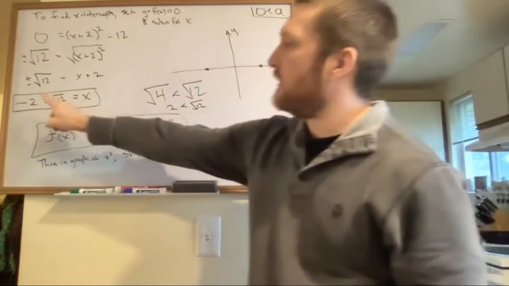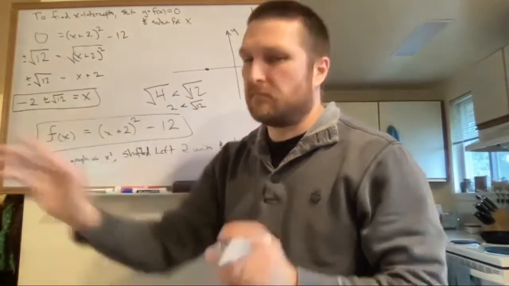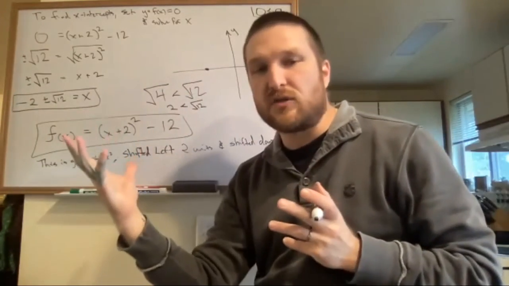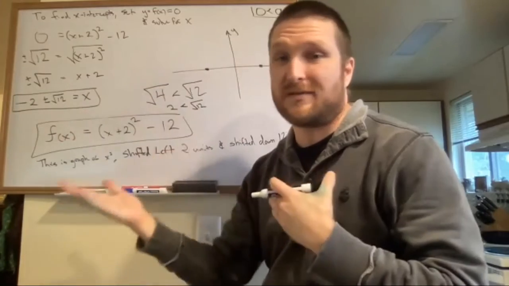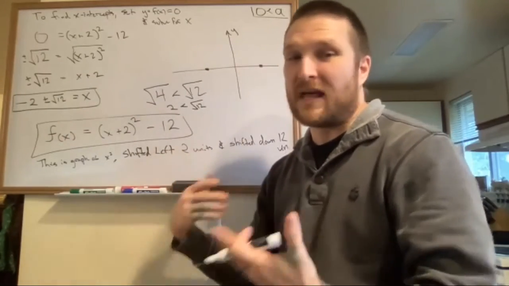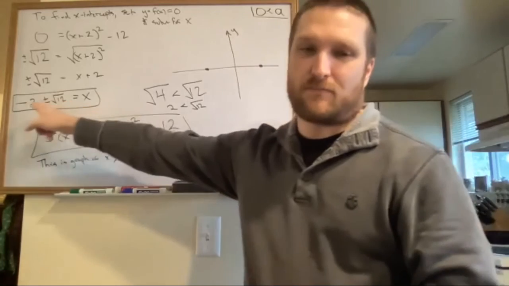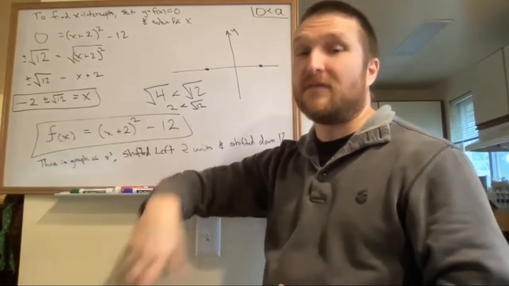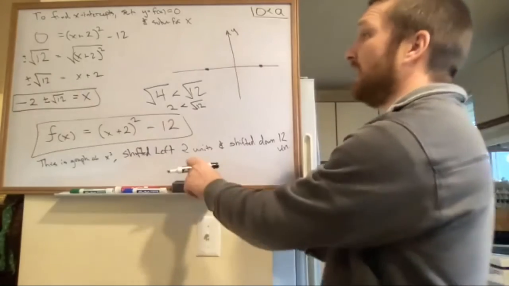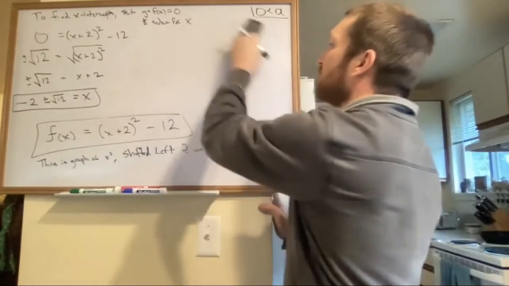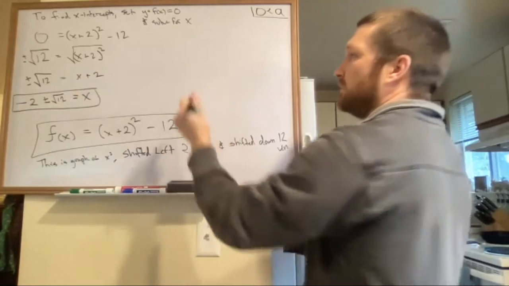And if just thinking about it doesn't come to you, just use a calculator and see if these are both positive, both negative, or one of each. But I know that root 12 is bigger than 2. And so minus 2 plus root 12 is going to be a positive number. I know that minus 2 minus root 12 is going to be a negative number. So the picture is starting to become clearer.